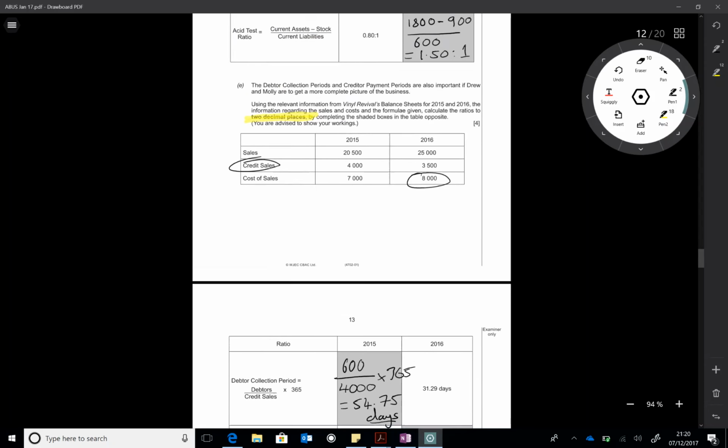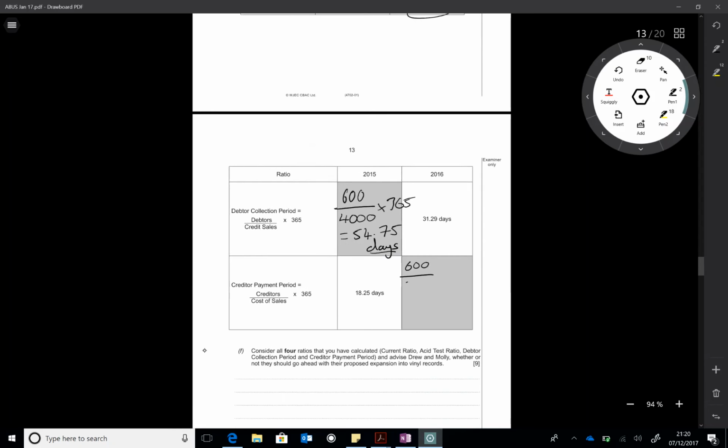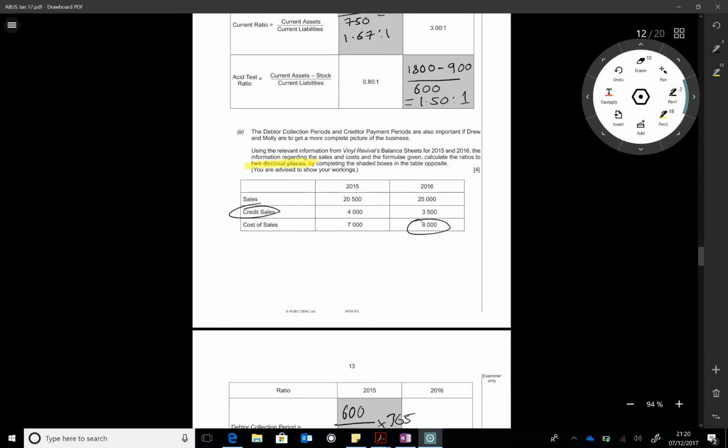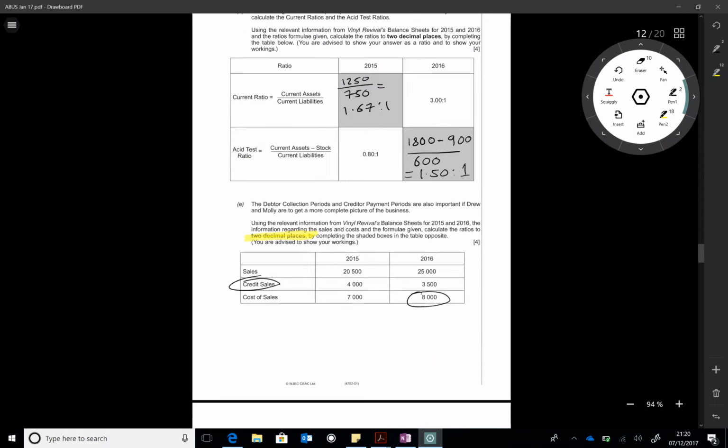Again, it's in this table here. 600 divided by 8,000 times it again by 365 should give you a total of 27.38 days.